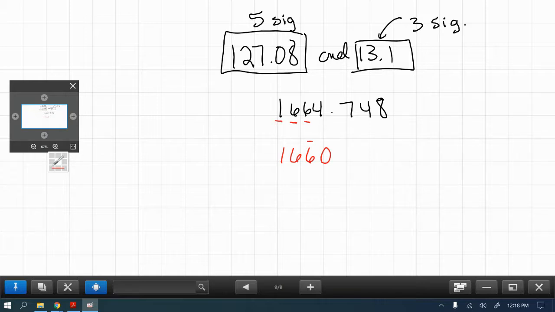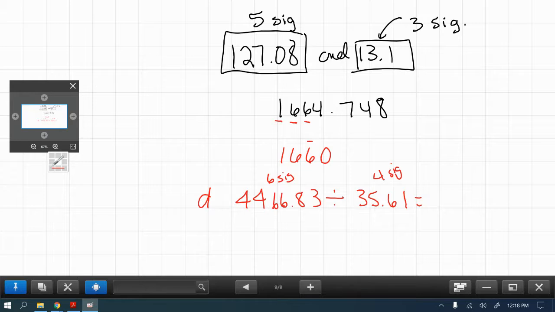Next one is dividing. Same thing, we're going to use the same principle. This has 6 significant figures, this has 4.